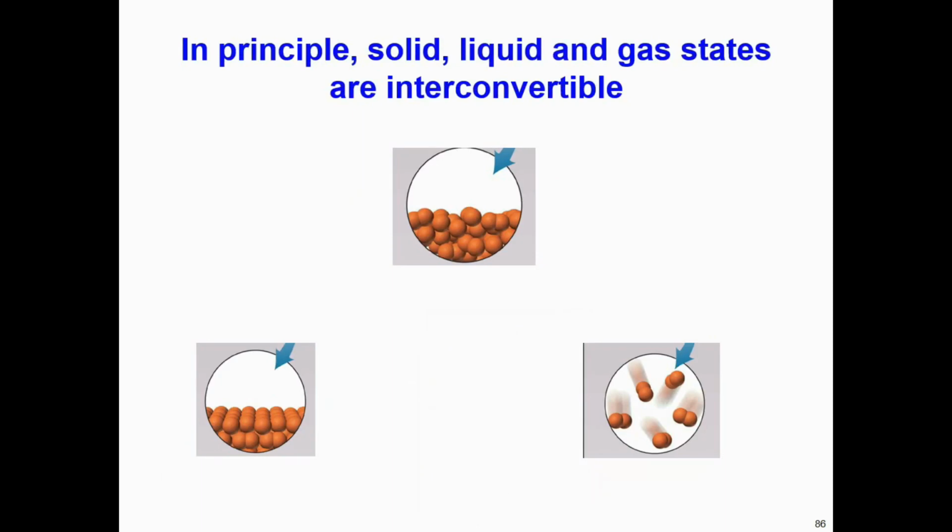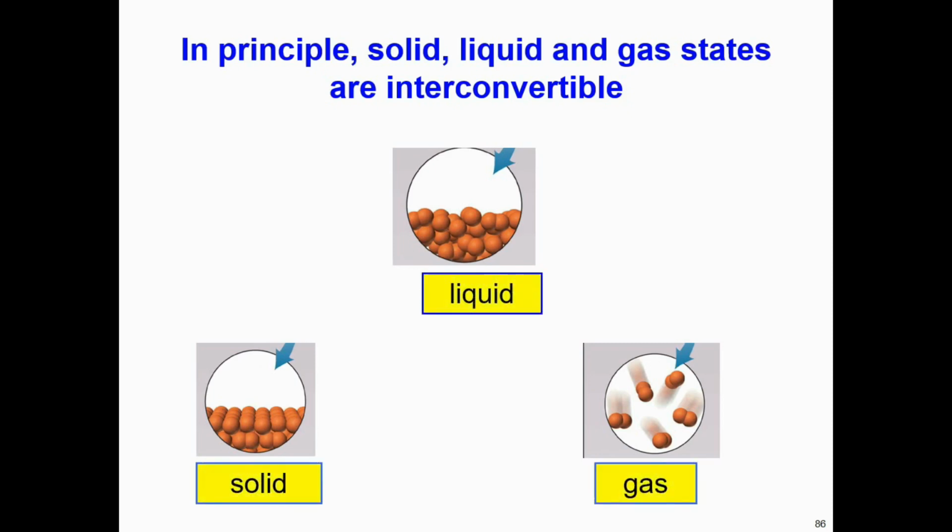Solid, liquid, and gas are interconvertible, meaning that they can convert into one another through different processes. We have liquid, solid, and gas. Solid turns into liquid through melting, and liquid turns into solid through freezing.